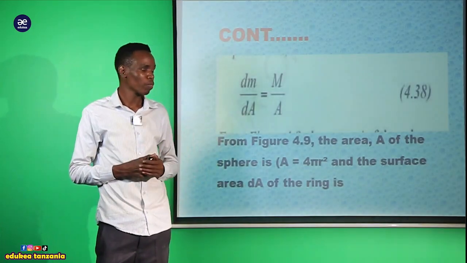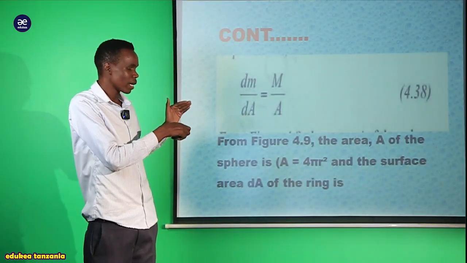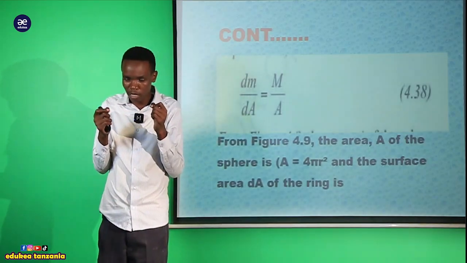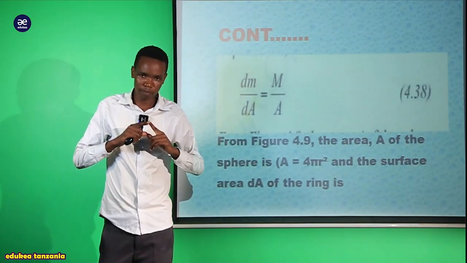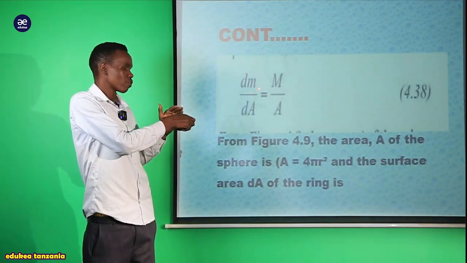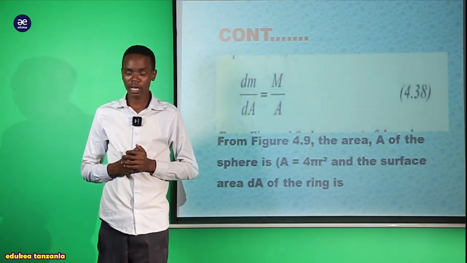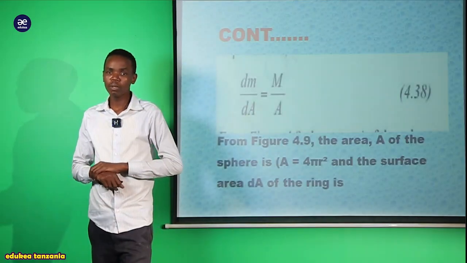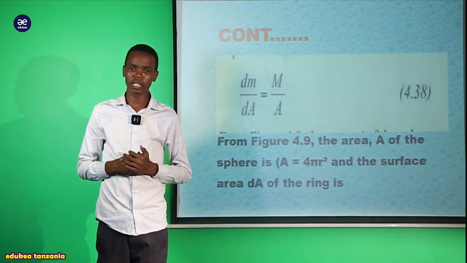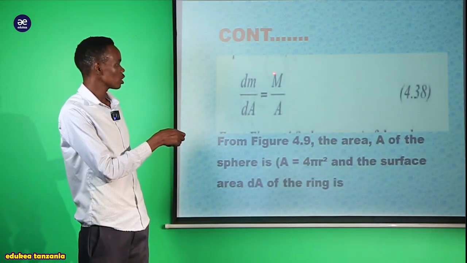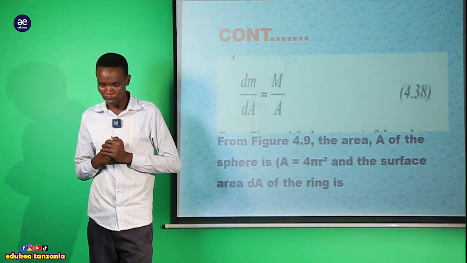The dm and dA represent the small change of the masses and the small change of the area for the elemental ring, where m represents the mass of the whole sphere, while A represents the area of the whole sphere. So this fraction gives us equation number 38 for our first topic here.